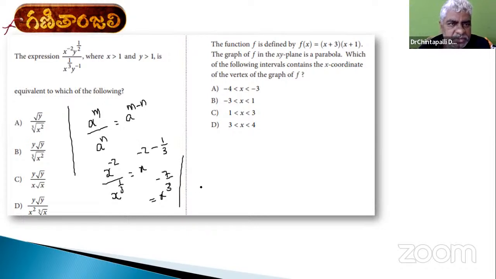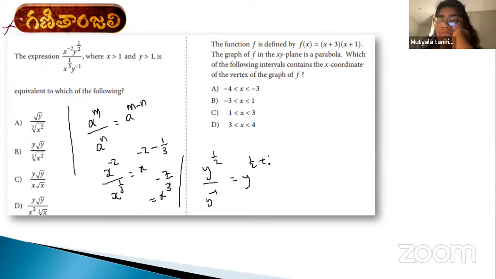What about y terms? y to the power 1 by 2 plus 1, that is 3 by 2.